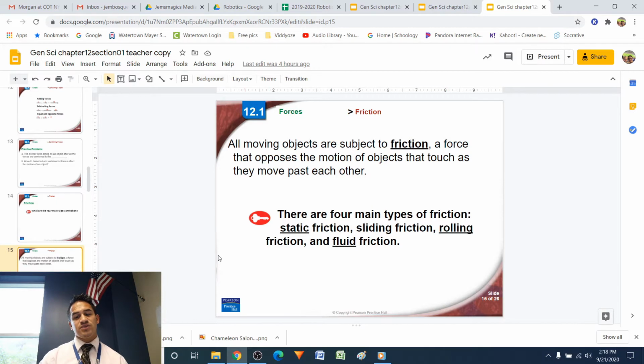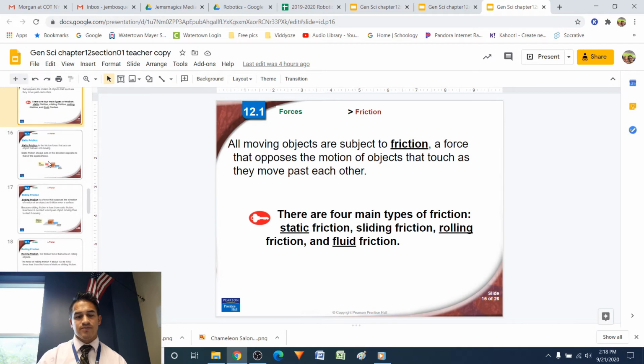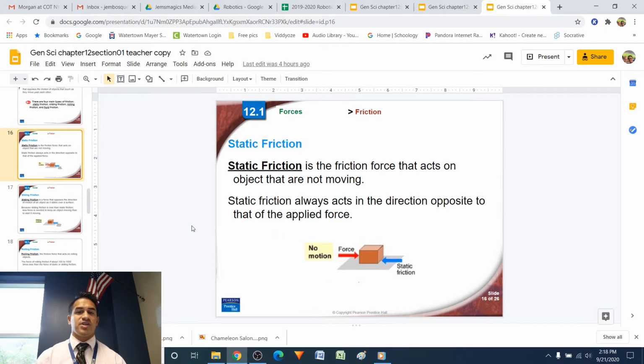Now there's 4 main types of friction. There's static friction, sliding friction, rolling friction, and fluid friction. Okay, so we're going to go over each one of these and what they look like and how they work so we can understand. Okay, now static friction is the first type. Now the word static, you might think of static electricity, right? Like shocking or lightning bolts or something. But the word static means non-moving.